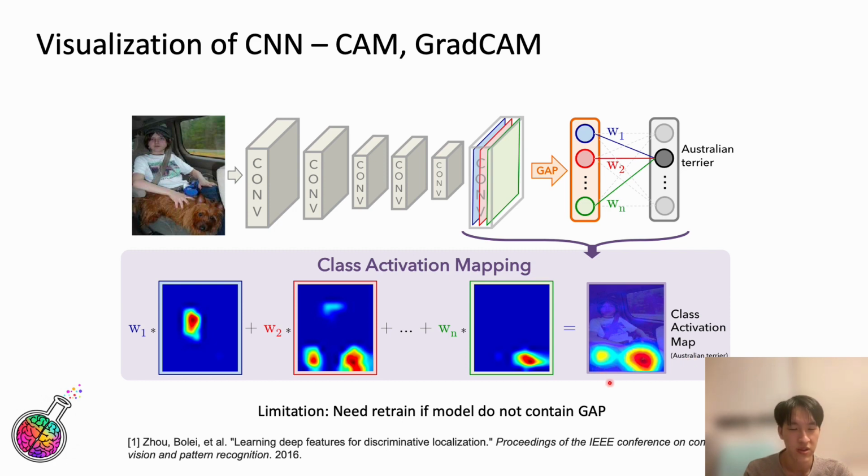This class activation map helps us label the important region that makes the model recognize the dog. But the limitation of this method is that we need to retrain if the model does not contain global average pooling, because not all models use it, so we need to retrain and include a global average pooling layer.